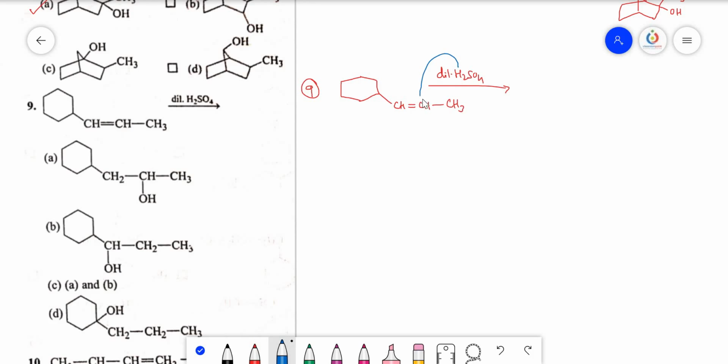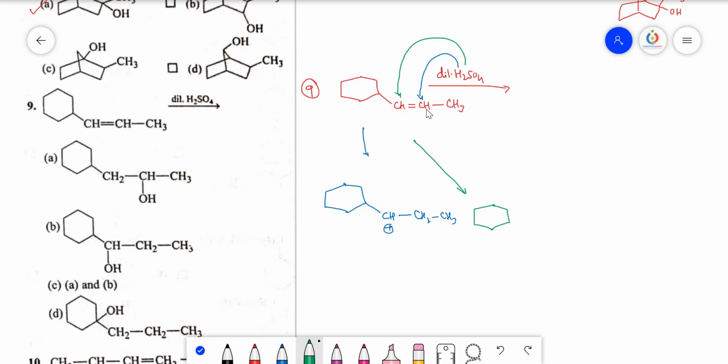So if H plus ion attacks over here, positive charge will be created here. So here we shall take the molecule like this, CH plus, CH2, CH3. And if H plus ion attacks over here, then the molecule becomes like this. So positive charge will be created here. Why?